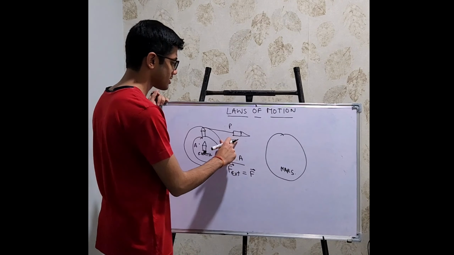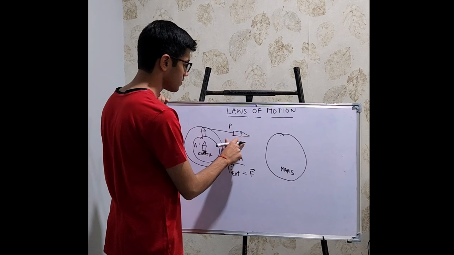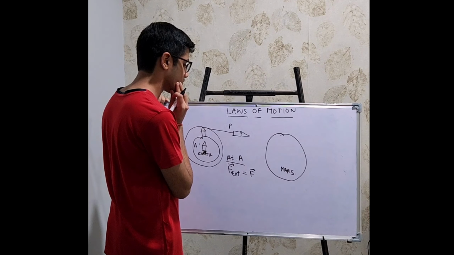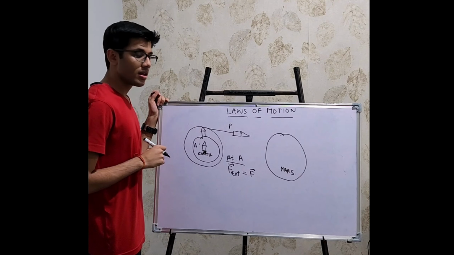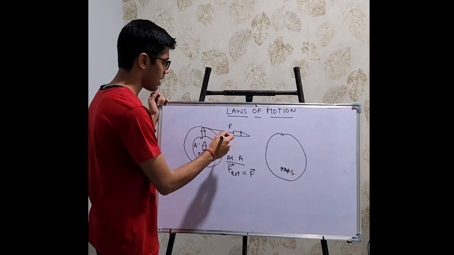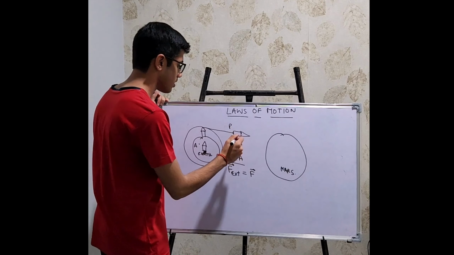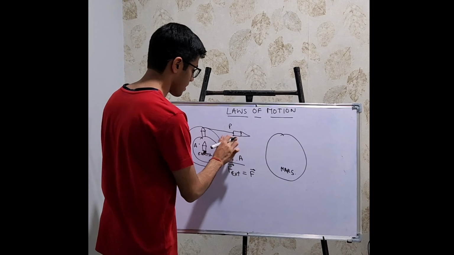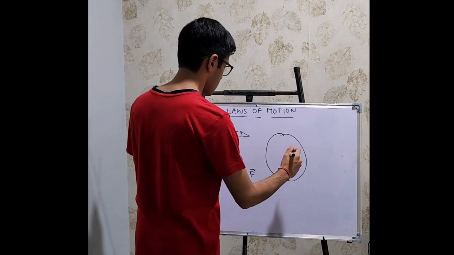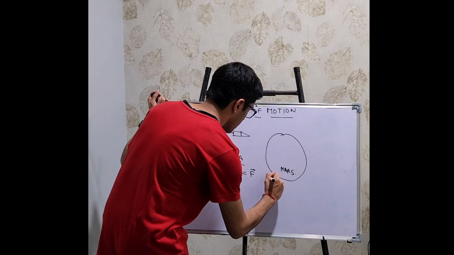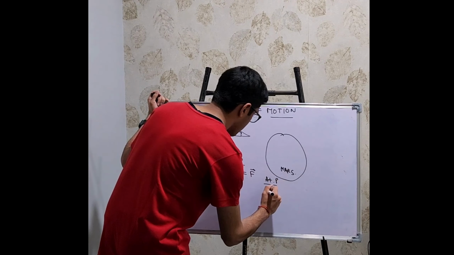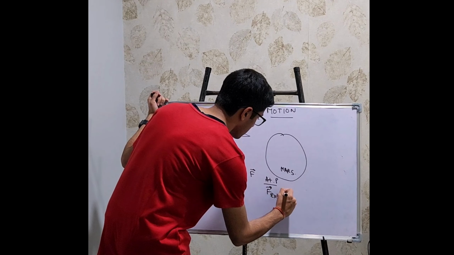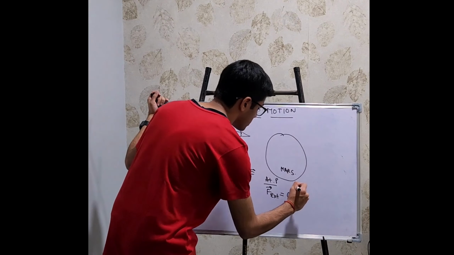On the other hand, when it is in space, just free space, with no planets or any gravitational pull of any celestial body, at point P the external force applied is 0 newtons.